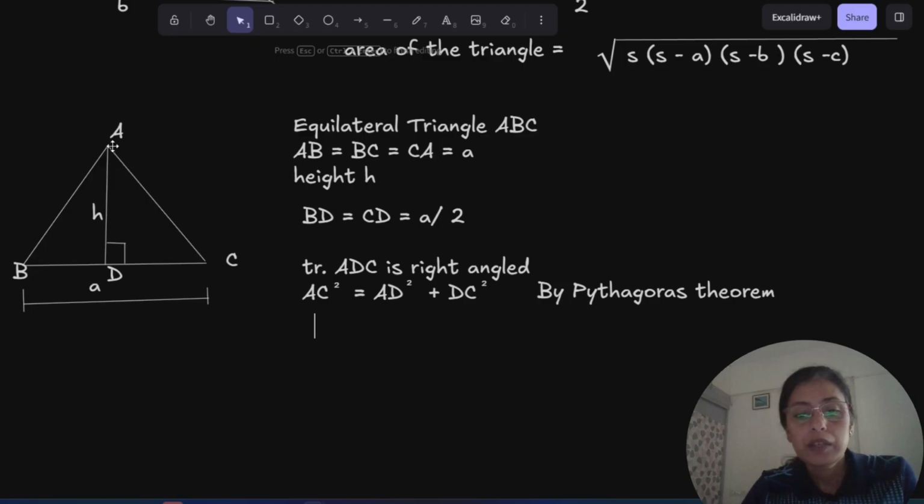Okay, so this means we know the length of AC, that is A. We know the length of DC, or CD, it is A by 2.